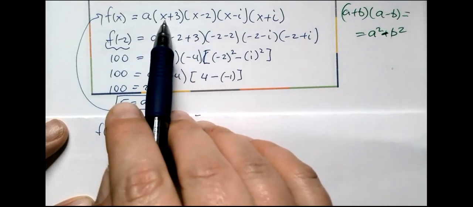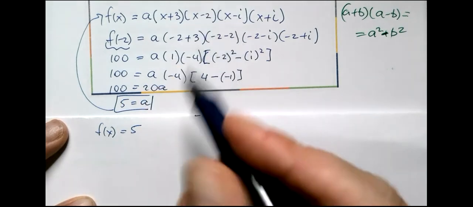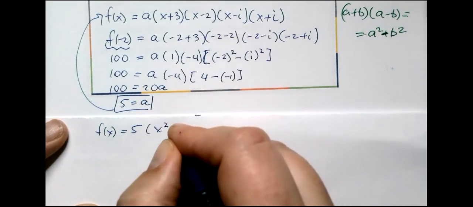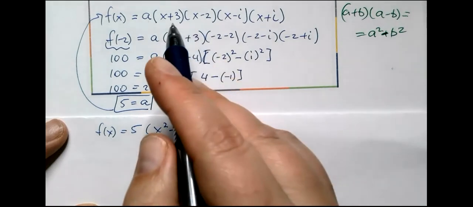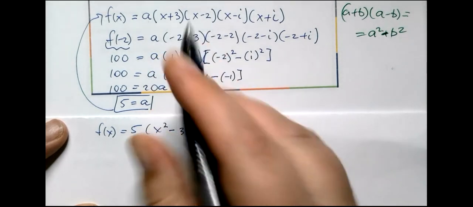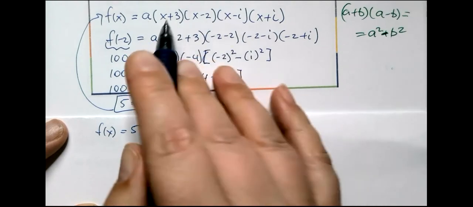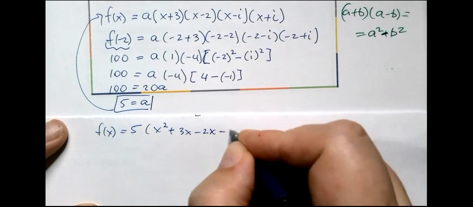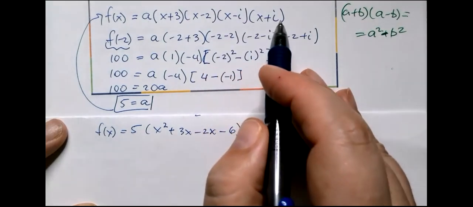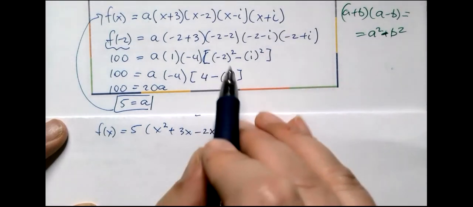So I'm going to multiply x plus 3 and x minus 2, and that will give me x squared minus, okay, the inside will give me 3x, the outside is -2x, and the last is -6. Now multiplying x minus i and x plus i, we already did that. That gives us, oh no, we didn't.